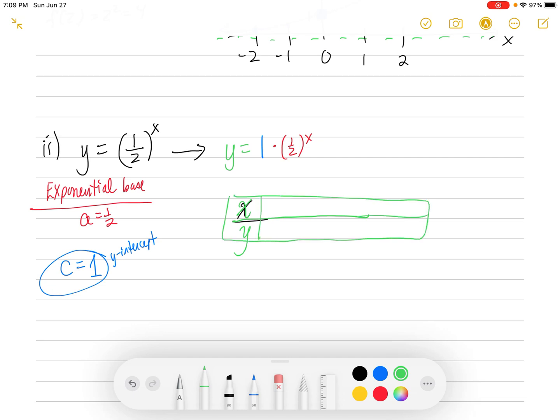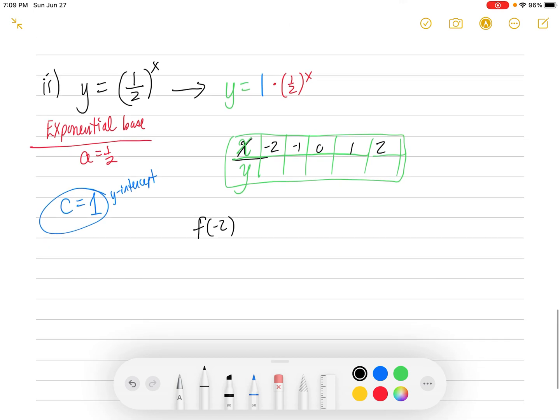Okay, so let's make a table of values just to get a hang of this. Let's find f.